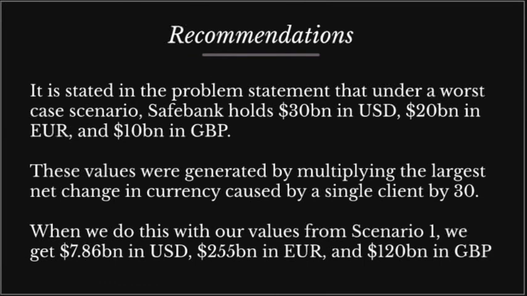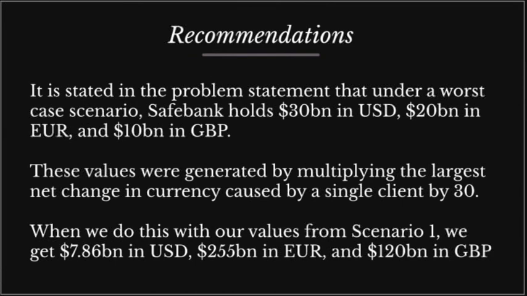It is stated in the problem statement that under a worst-case scenario, SafeBank holds 30 billion US dollars, 20 billion euros, and 10 billion Great British pounds. These values were generated by multiplying the largest net change in currency caused by a single client by 30.